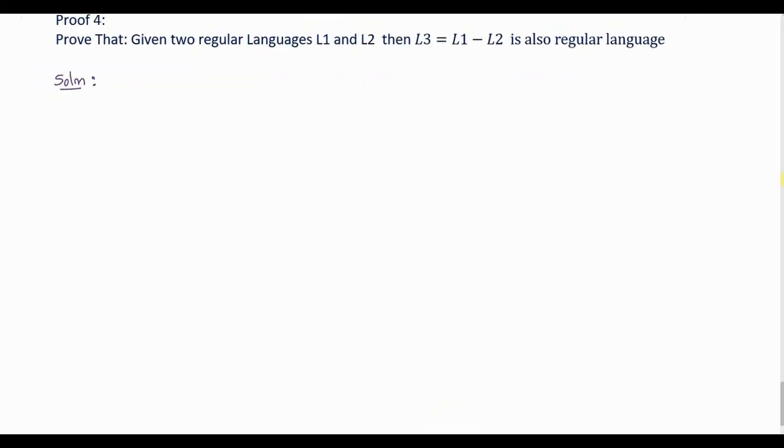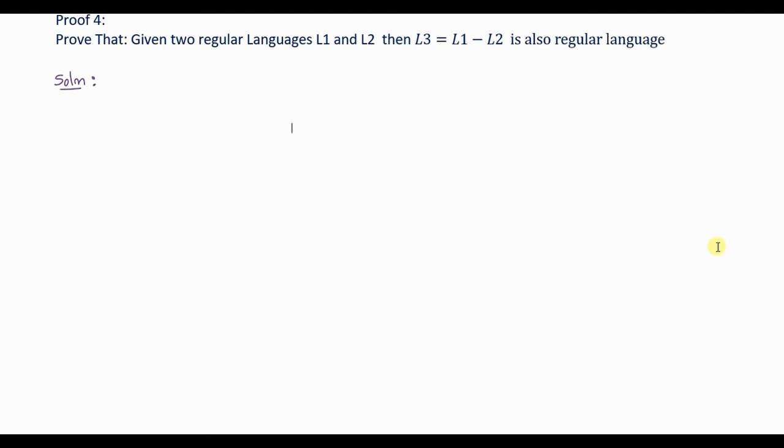In this proof, you are asked to prove that given two languages L1 and L2, then the set difference, that is L1 minus L2, is also regular. Now let us go to the definition of set difference. Actually this proof also is indirectly proved, so I will just show you the overview how you can proceed and how you can prove it.